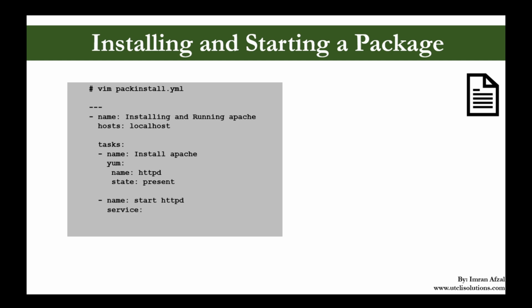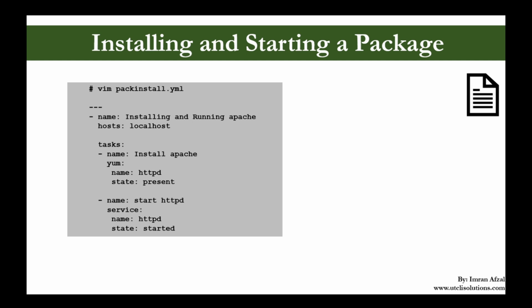Then the module that we will be using to start the service is the service module. And the name of the package for that service we want to start is HTTPD. Now the state. The state here is different than installing it, and that is started.